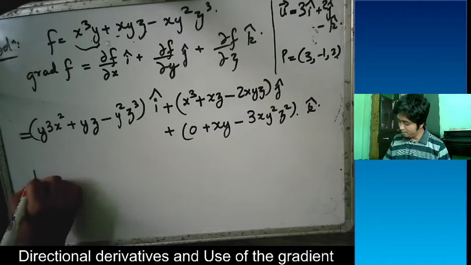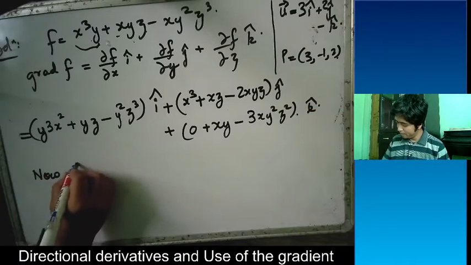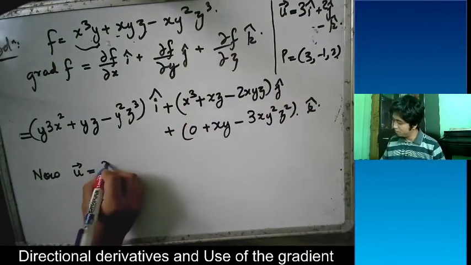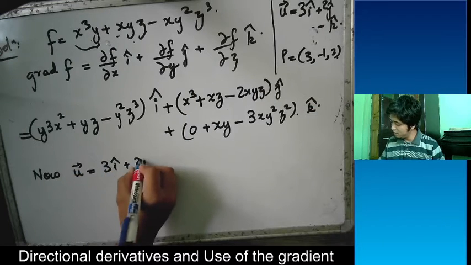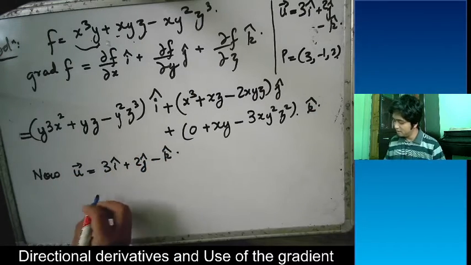Okay, now u bar is equal to 3i plus 2j minus k. The direction is this.